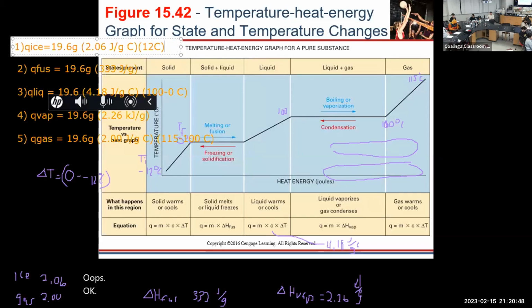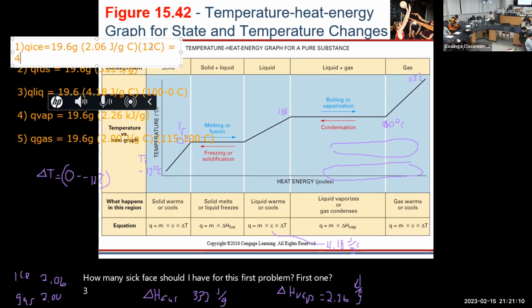So if we go ahead and do that math here. How many sig figs should I have for this first one? 3.